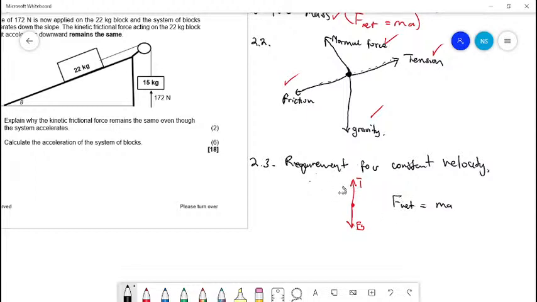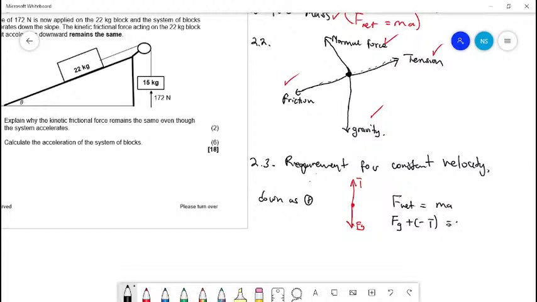So if F net is equal to MA, then we have to take one direction as positive. We can take up as positive or down as positive. It depends. I would like to take the direction of motion as positive, and the direction of motion is downward. So I'm going to take down as my positive. So everything that goes down will be positive. So the Fg will be positive, minus T. That's the tension, it will be negative, equals to MA.